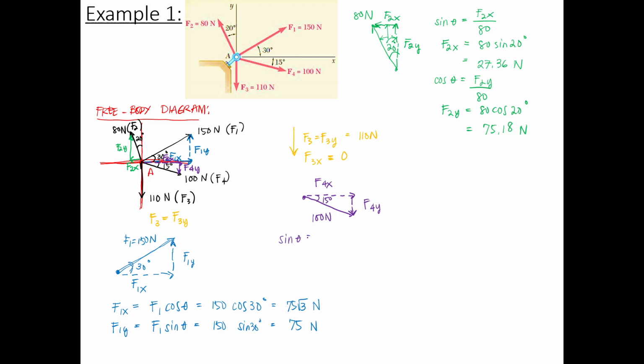Sine theta is equal to F4. Sine is the opposite of the angle, that's your F4y, over the hypotenuse, which is 100 newtons. So you have F4y is equal to 100 newtons sine 15 degrees.